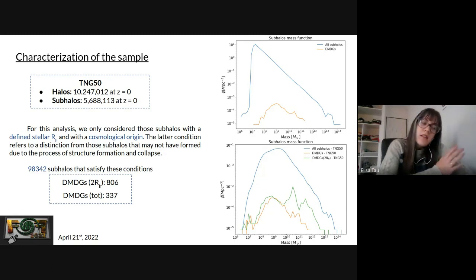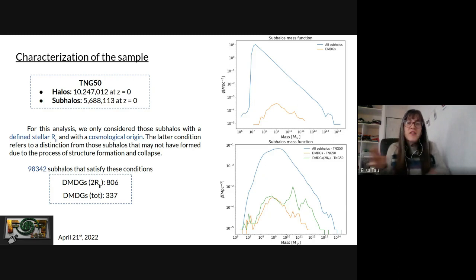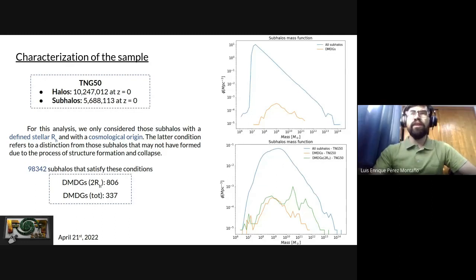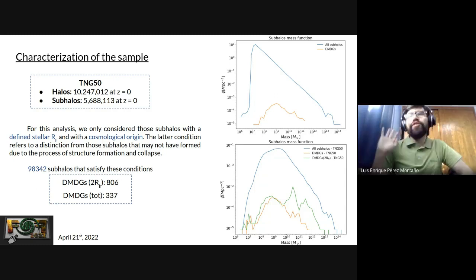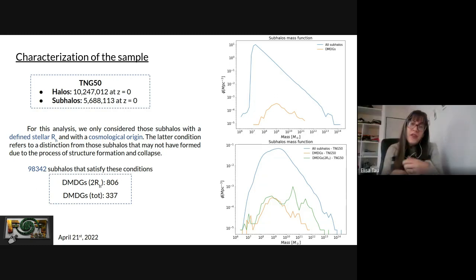No, we didn't concentrate this work on a specific type of galaxies. Okay, so are you planning to do so in the future, or do you expect something different for these tidal dwarf galaxies? Yes, we thought about that.